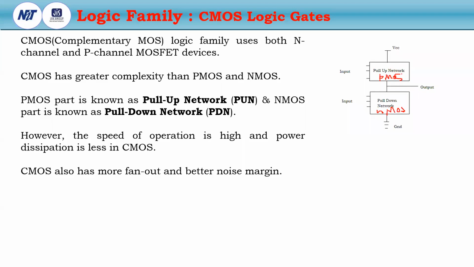Because logic 1 will be very easily transferred through this PMOS, and logic 0 will be transferred through this NMOS. So for this reason, to get the lower output, we should connect the NMOS network to the ground, and for getting the higher output, we should use the PMOS connected with the VCC.